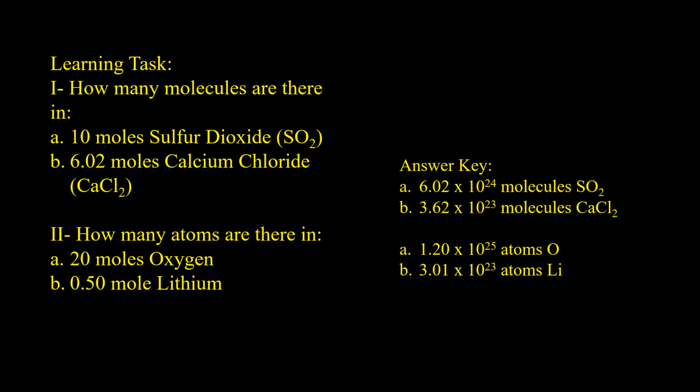And for how many atoms are there in 20 moles of oxygen? We have 1.20 times 10 raised to 25 atoms. And for the 0.50 mole of lithium, we have 3.01 times 10 raised to 23 atoms of lithium.